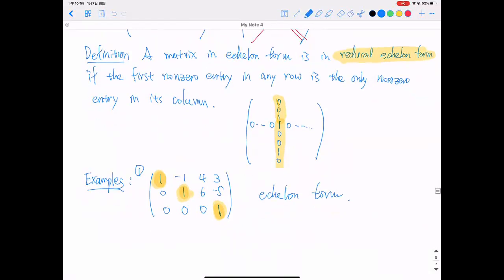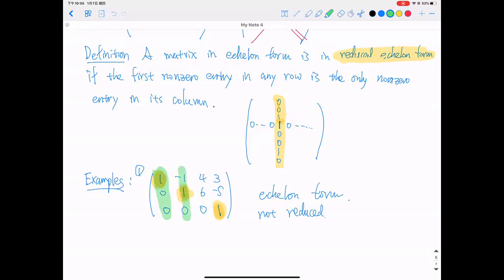Now, as you can see here, this is not in reduced echelon form, because the condition isn't satisfied. Right over here, in the first column, the first non-zero entry in the first row sits in the first column. That has only one non-zero entry. That's fine.